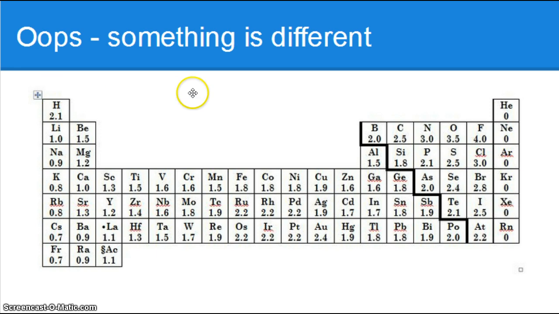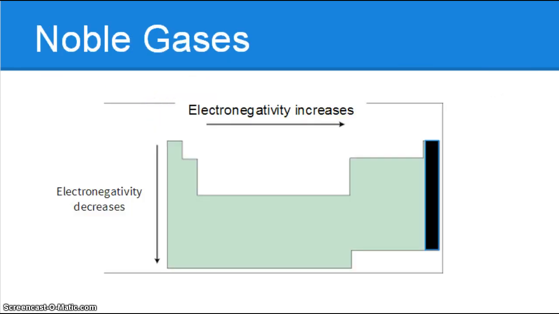We were supposed to increase as we went from left to right, which we did, but then the noble gases had 0 values. So it increased going from left to right, except for the noble gases, and decreased going top to bottom, except for the noble gases. So why don't the noble gases have an electronegativity value?